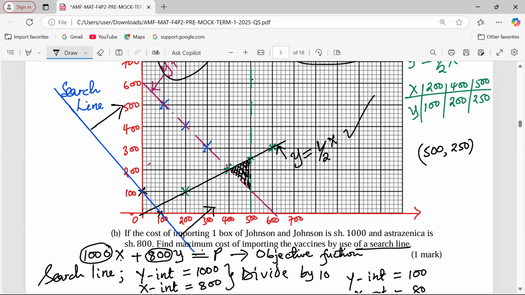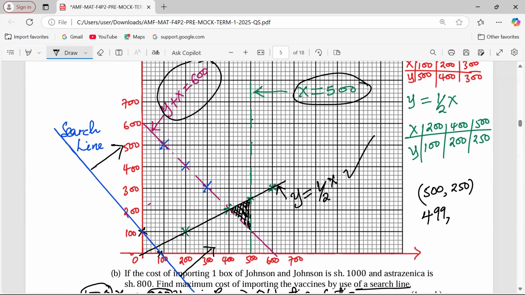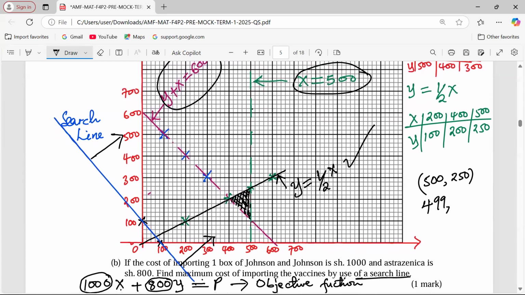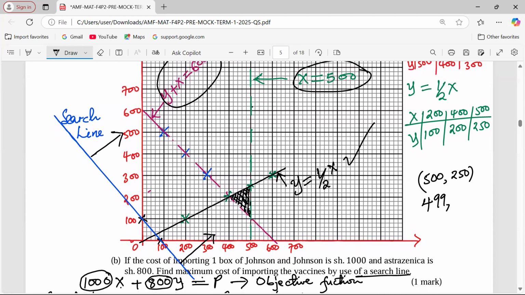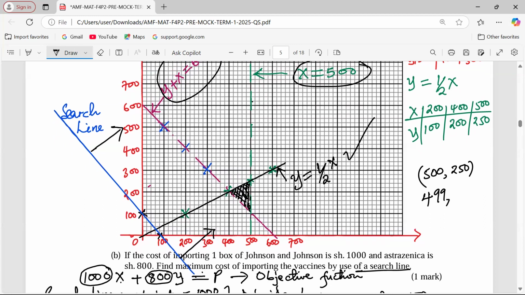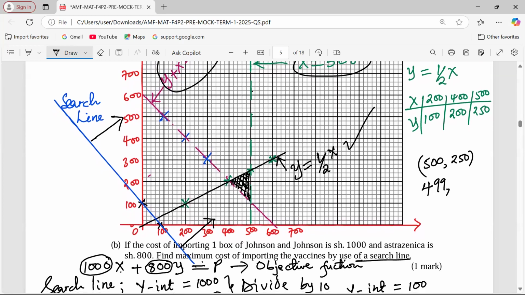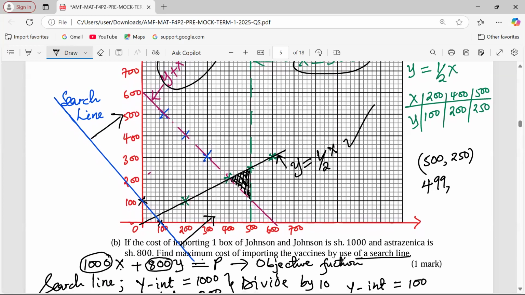Therefore, we have to get into the region and talk about a coordinate like 499. That is still a value just before 500, 499 and 240. Just before 250, we can talk about 240.